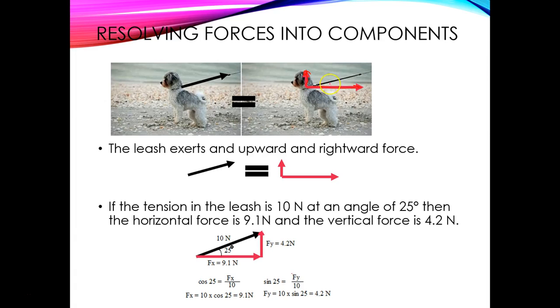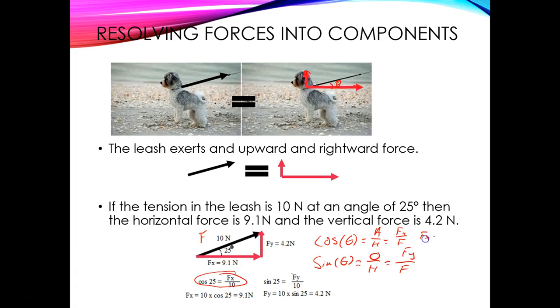With some angle theta, the cosine of theta is equal to our adjacent over our hypotenuse, or Fx over F. The sine of theta is equal to opposite over hypotenuse, or Fy divided by F. We can rearrange these equations to solve for Fx and Fy.